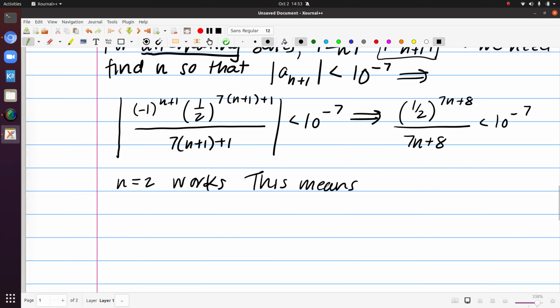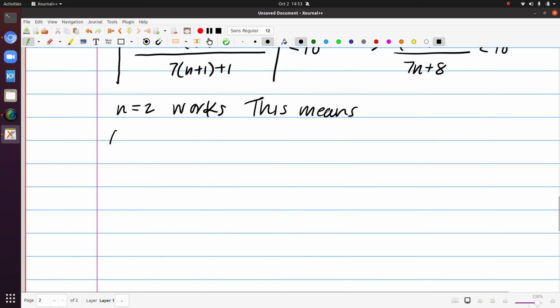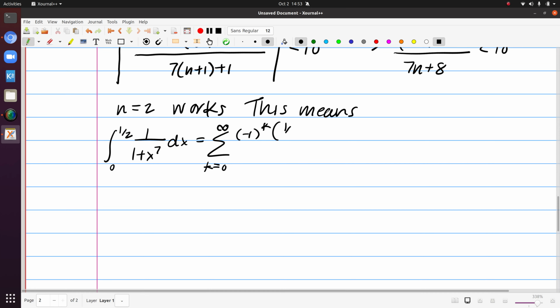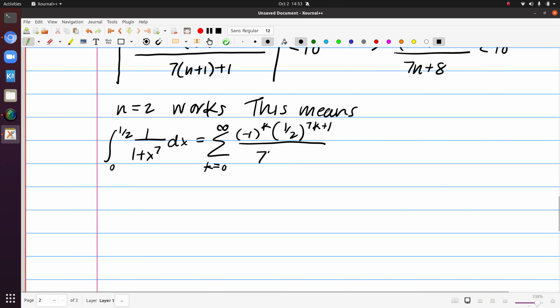So putting that into practice here, this means that the integral from 0 to 1/2 of 1 over 1 plus x to the 7th is, first of all, we said it's exactly equal to the infinite sum that we found. And we decided that we could approximate that infinite sum by the sum where we stop at k equals 2.